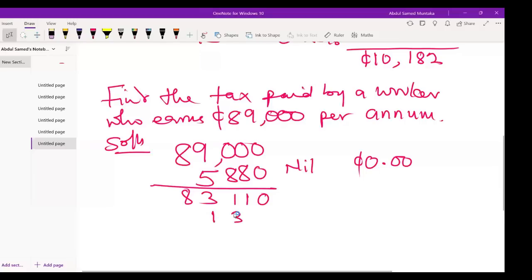The person will pay 5% on the first 1,320. Is it 83,000? Yes, 83,120. Thank you. This is 66 cedis.